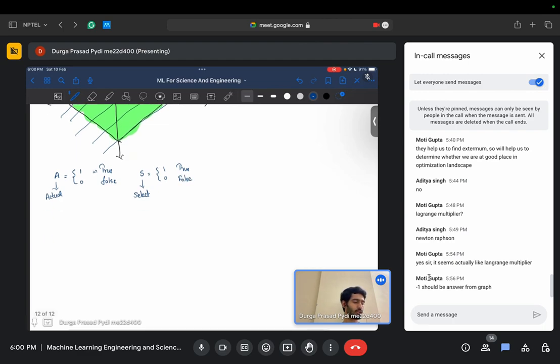Now the first part: S can take two values and A can take two values. All it asks is what these particular values are here, if I want to construct a joint probability distribution.